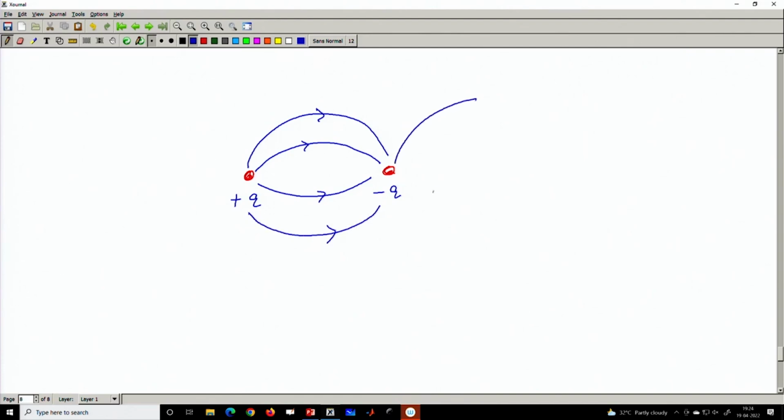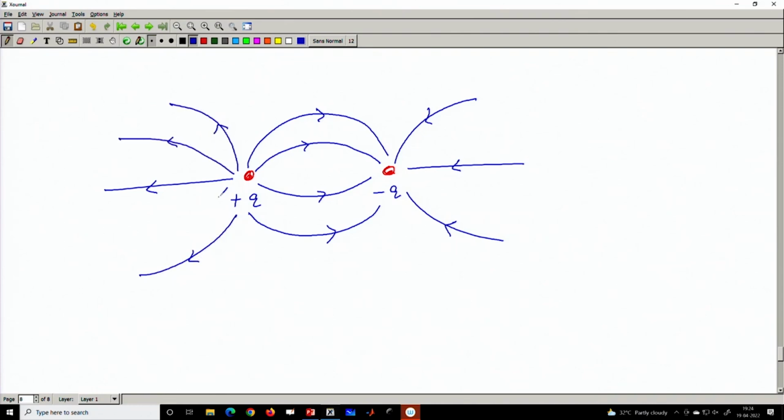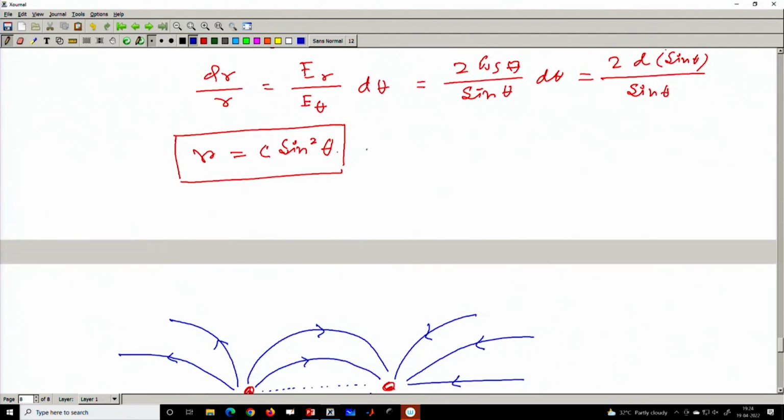And then it goes like this, going outward. This is the way the field line is distributed, and this is the dipole, and this is the expression of the field line we tried to calculate here.